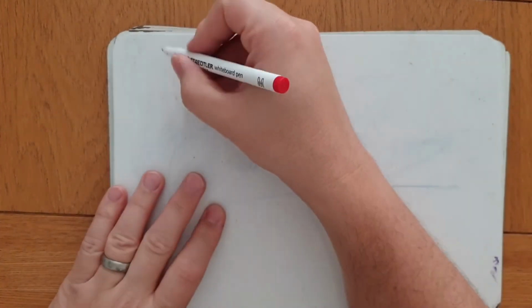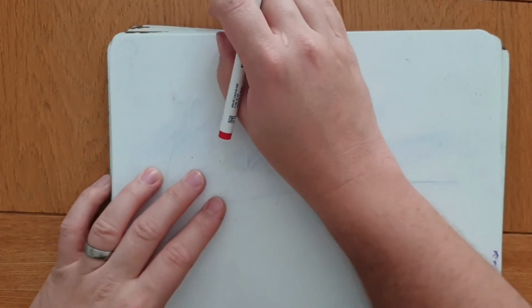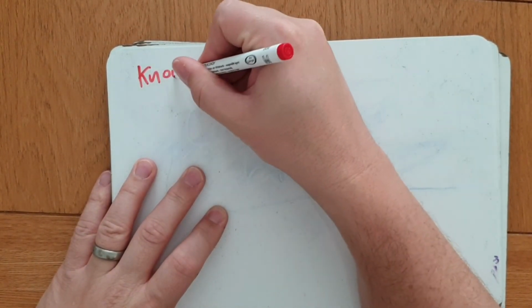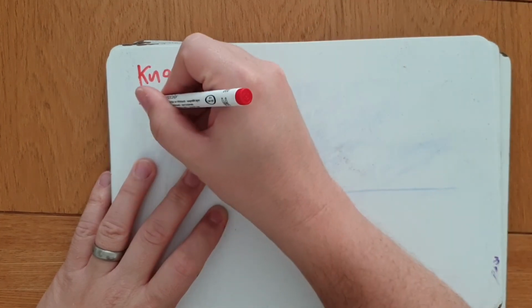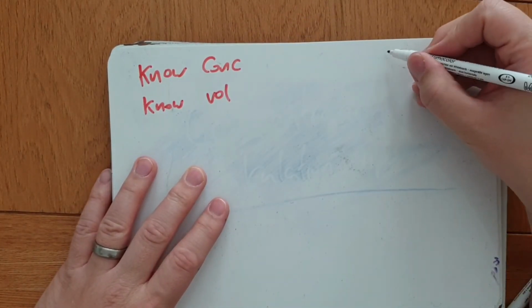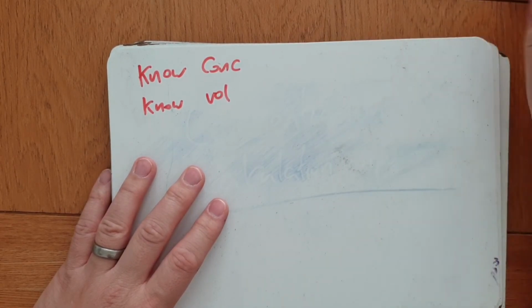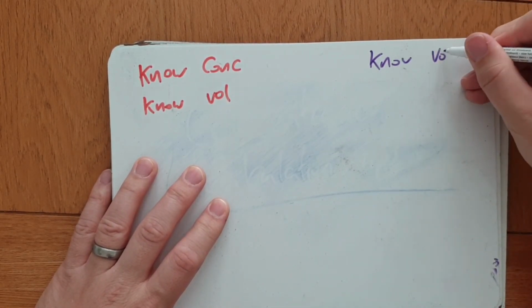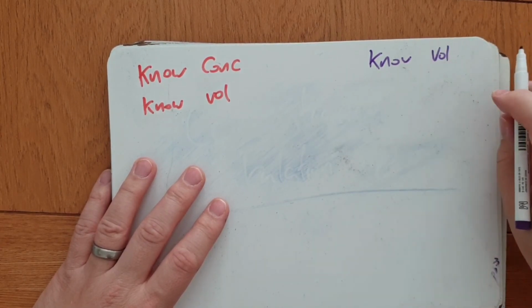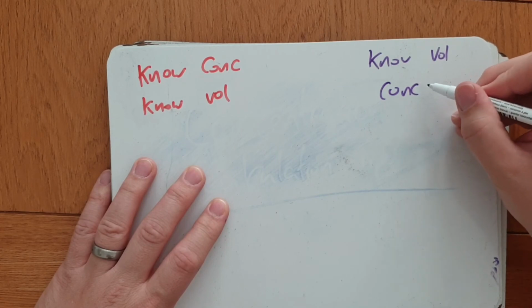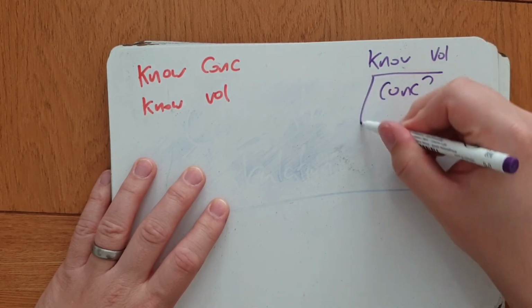So to summarise, every single titration question, you will get a solution where you know the concentration and you know the volume. You will have a separate solution over here where you know the volume and that's it. You don't know anything else. And the whole point of the question is for you to work out this concentration.